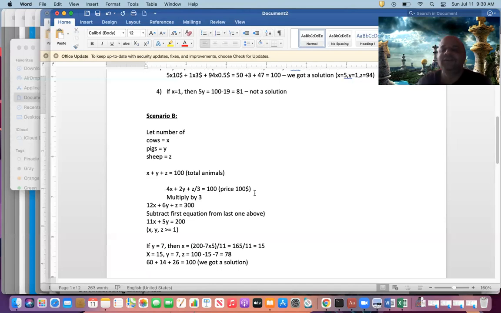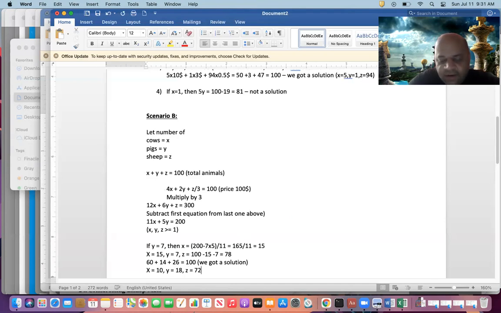Yeah. Sure. So I got another solution: x equals 10, y equals 18, and z equals 72. Let us see. X is equal to 10, y is equal to 18, z is equal to 72. I don't think so.